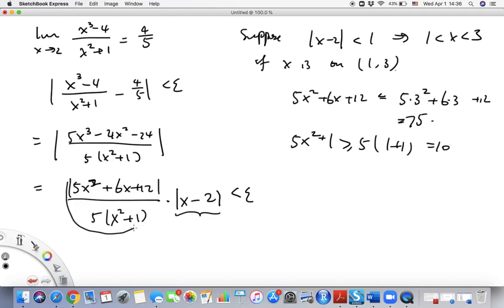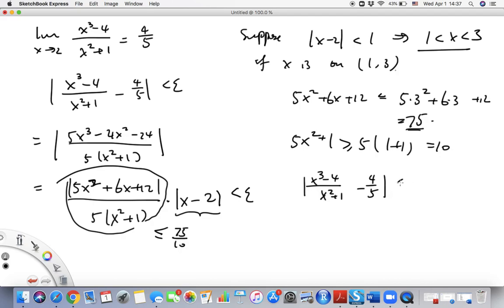So this whole thing on this interval would be less than or equal to 75 over 10, because we are letting the numerator be as big as possible and the denominator as small as possible. So x cubed minus 4 over x squared plus 1 minus 4 over 5 is less than or equal to 75 over 10 times the absolute value of x minus 2, so that's 15 over 2 times the absolute value of x minus 2.